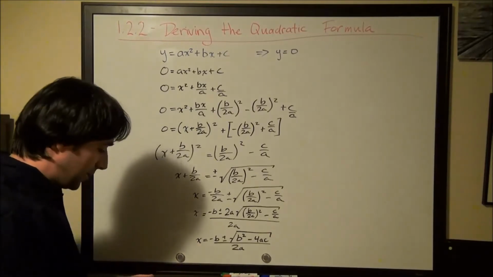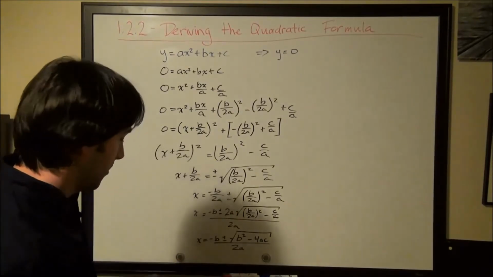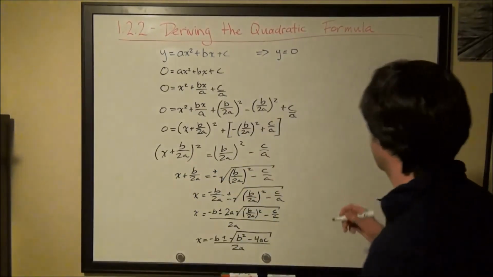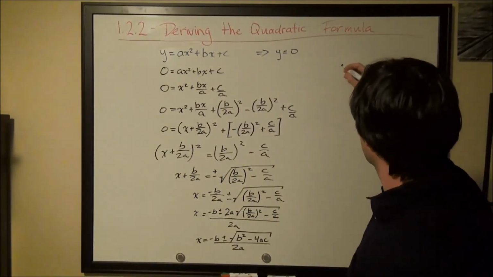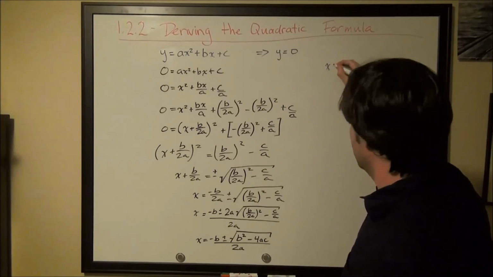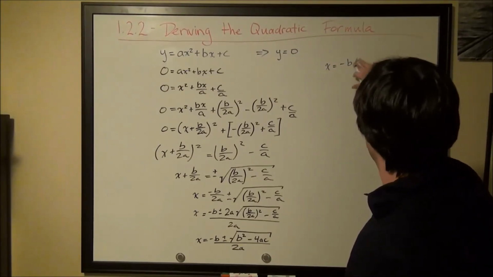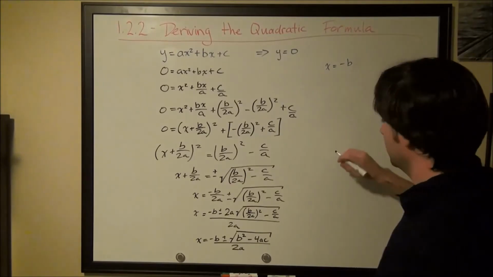If you don't believe me that my derivation was correct today, you can look up this formula in any math textbook. And in general, it goes like this. X equals minus b plus or minus, or I should say, we'll get two solutions, right?